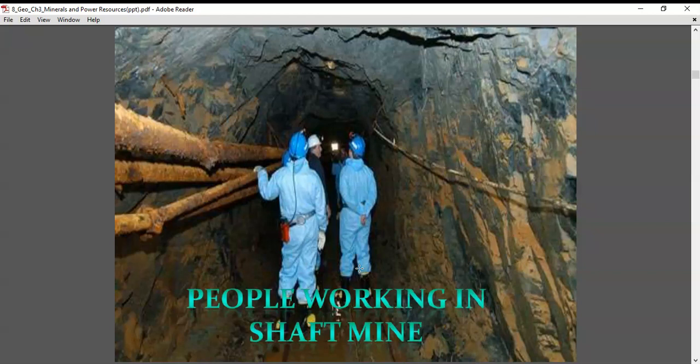Whatever ore they get, they put it in a small cart, and that cart, through a narrow track, is delivered to the surface. That is called shaft mining. Is that clear, Sumit? Okay, yeah.